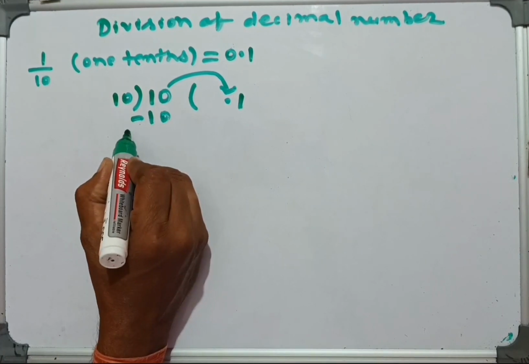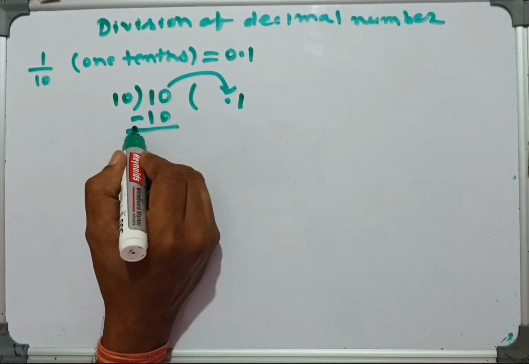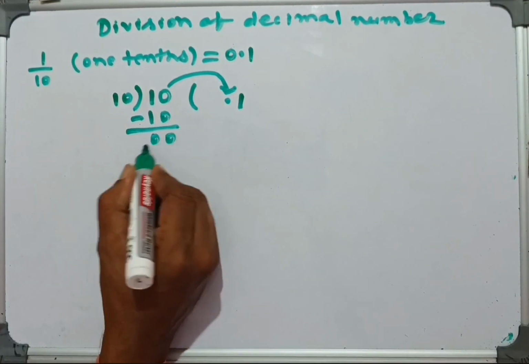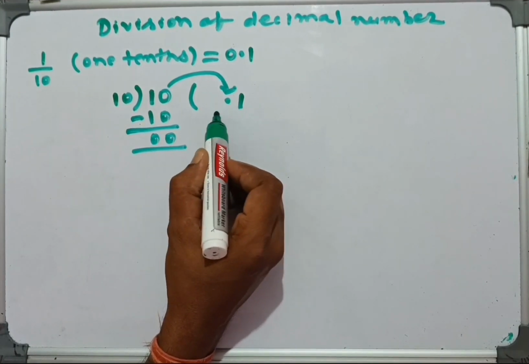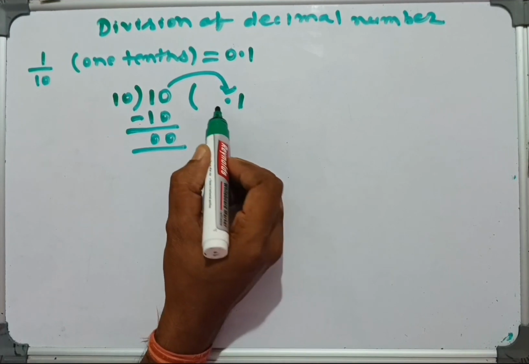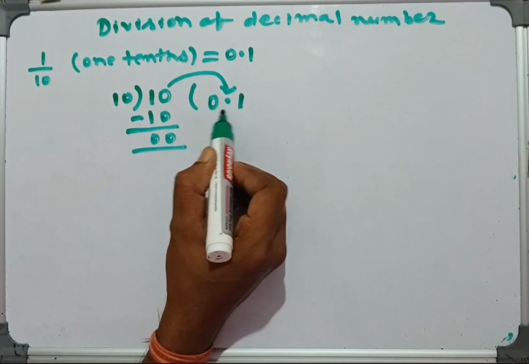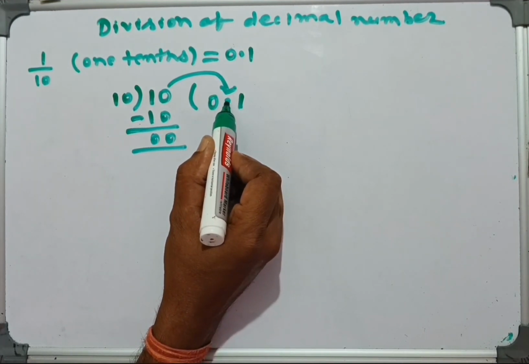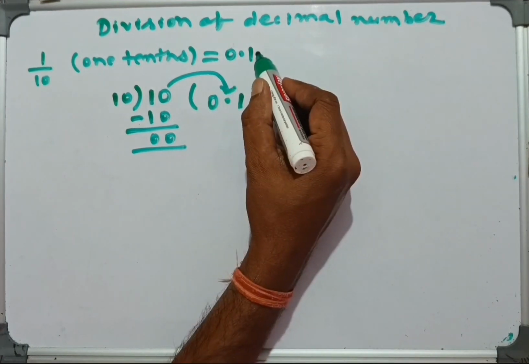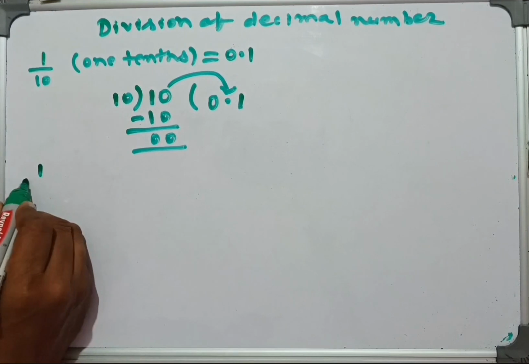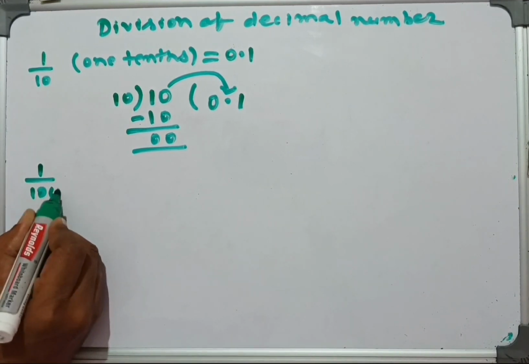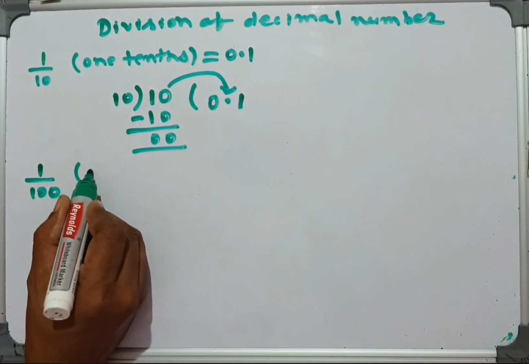So when 10 minus 10, this becomes 0. However, this is not the correct way of writing. What we are missing here is that you have to put a 0 before this dot. So the answer is 0.1.